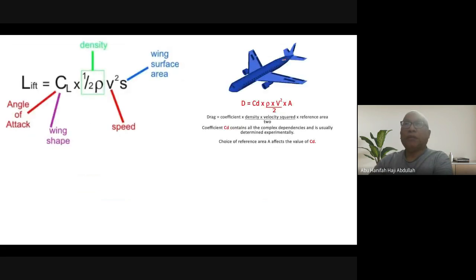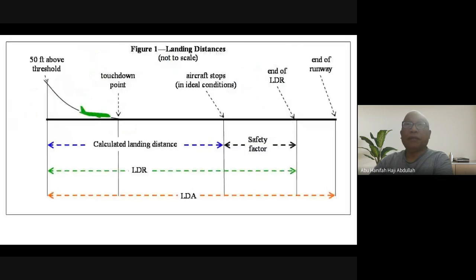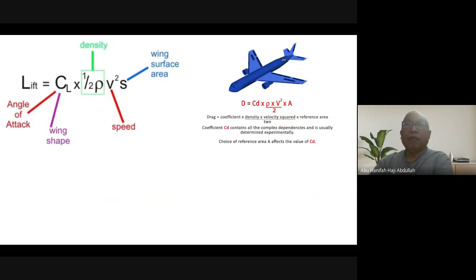Then we also look at how this performance is achieved. This aircraft performance is achieved through the wing and all the control surfaces. So the very basic equation is lift. The forces over the control surfaces or the wing are lift, where the variables are the density, rho, which is air density, velocity squared, wing surface area, and the lift coefficient.